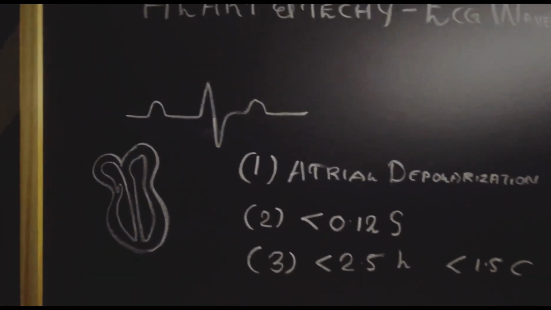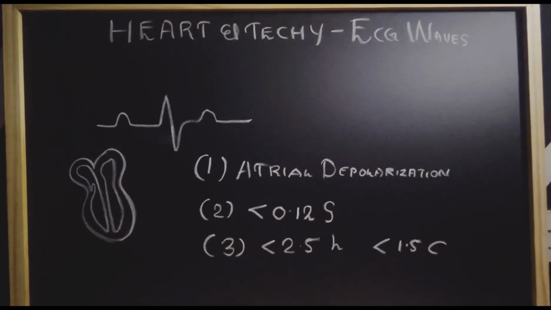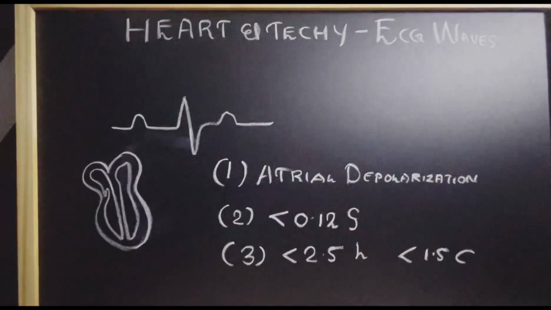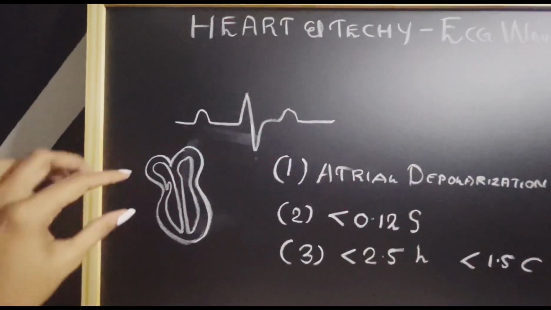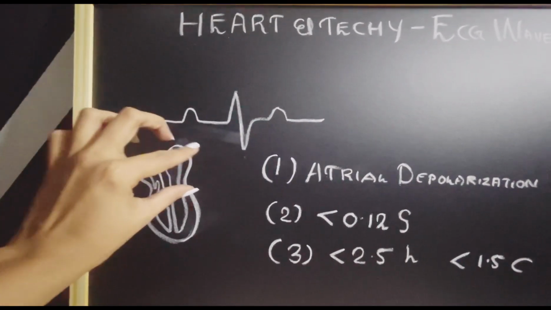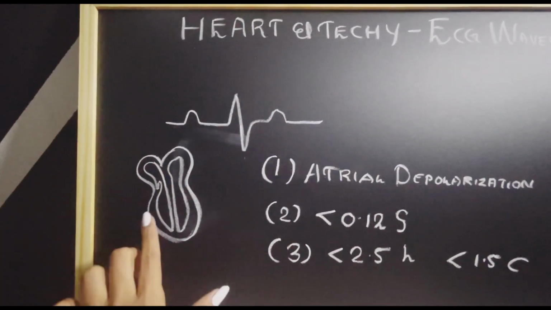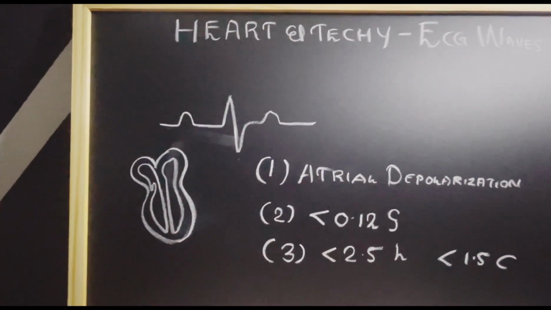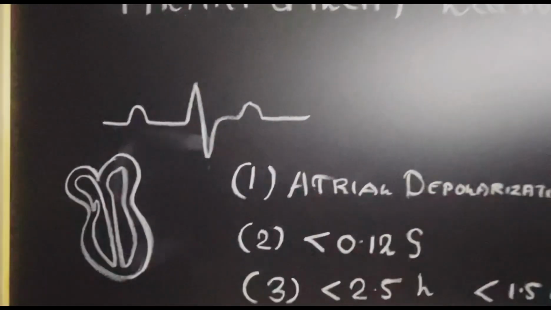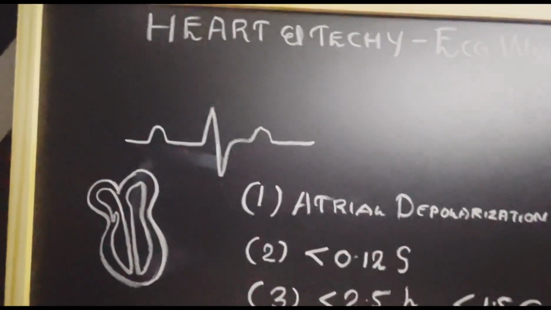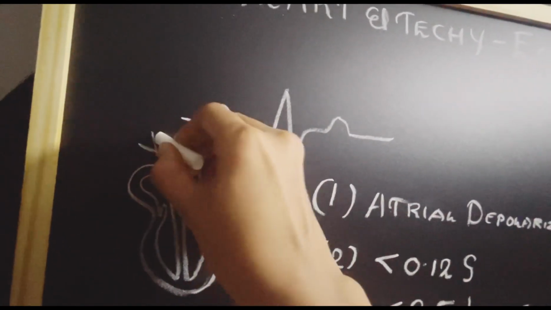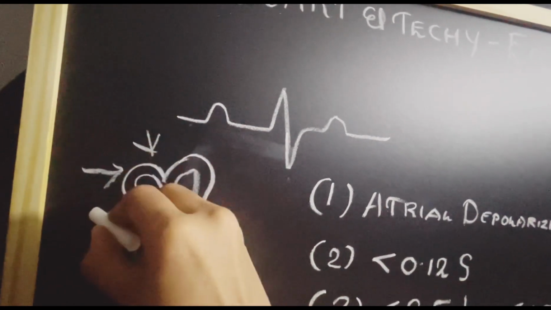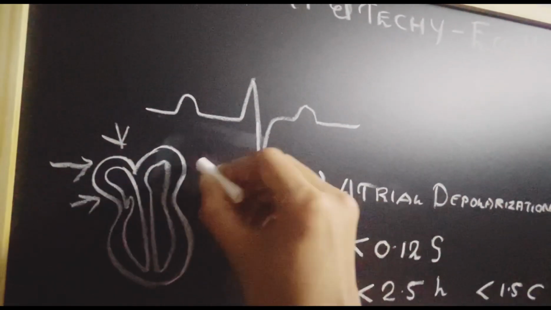So what does this P wave actually represent? When we are taking the P wave, we can see this is the atria of our heart and this will be the ventricles. This P wave represents atrial depolarization. Atrial depolarization means the heart is contracting.